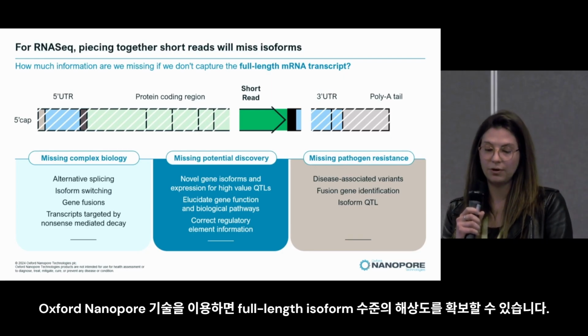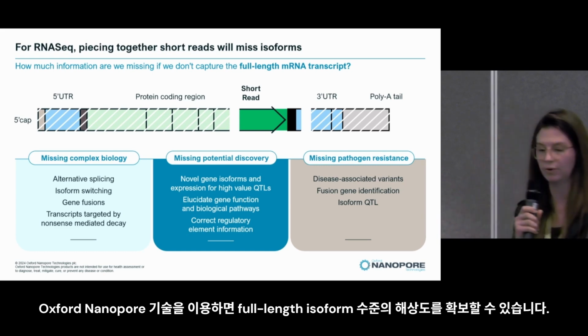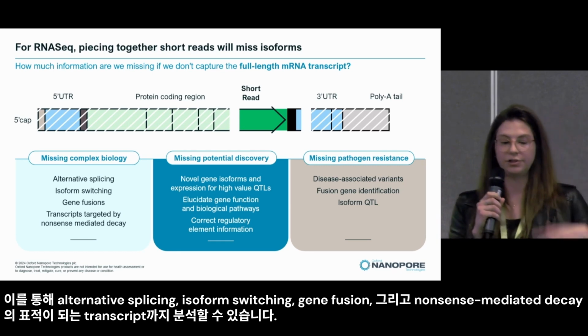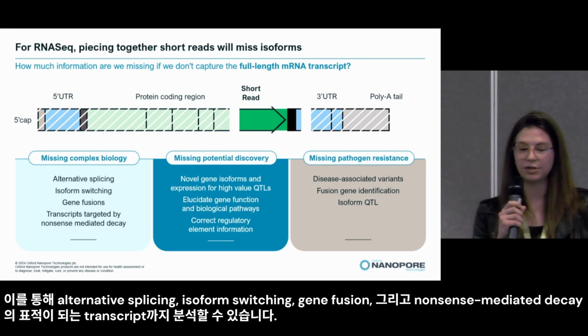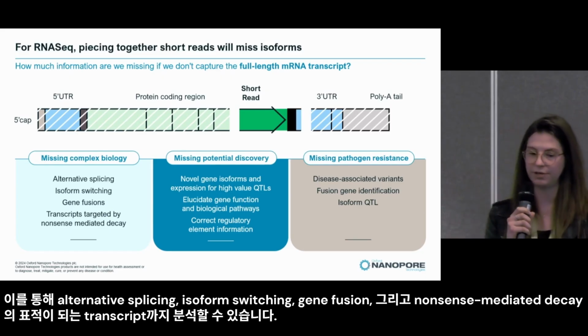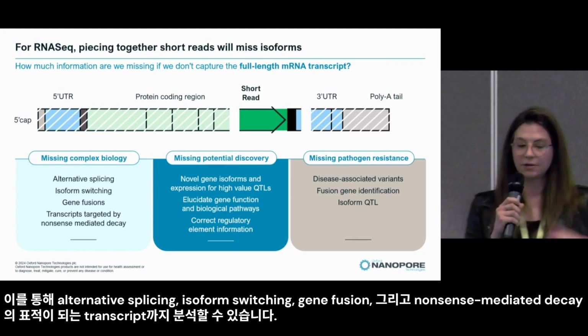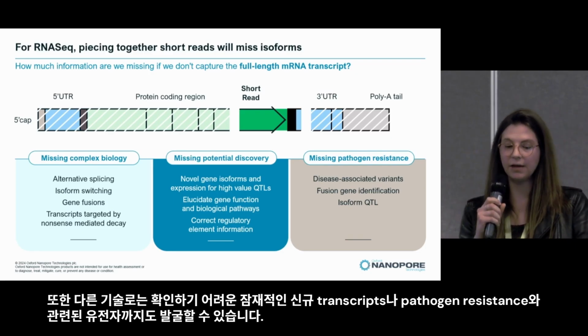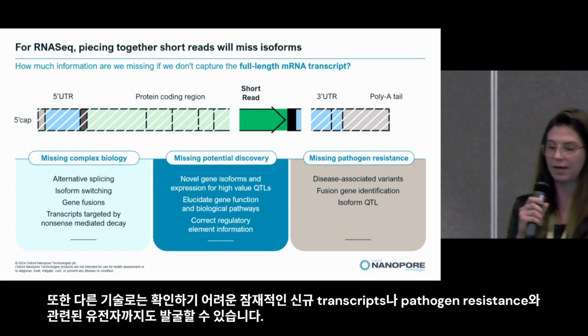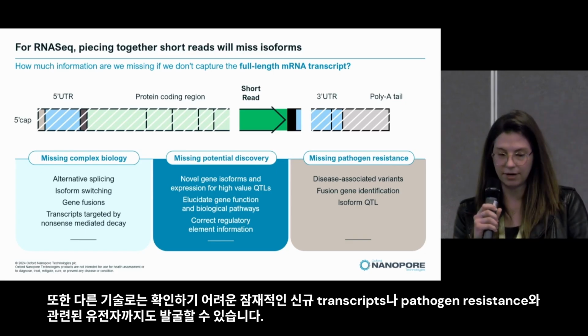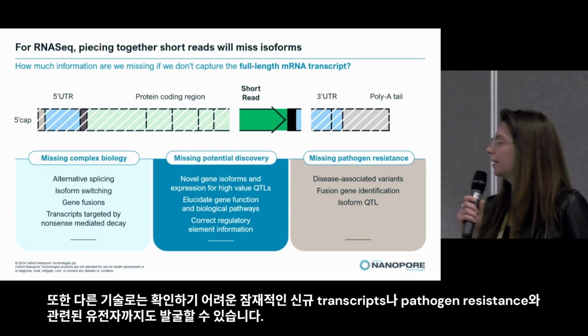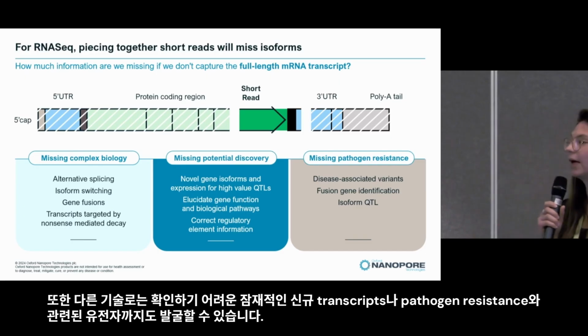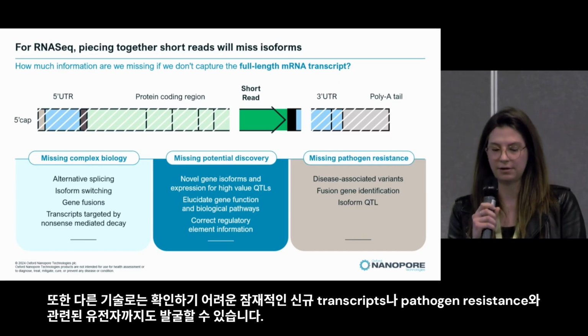With nanopore, you can achieve full-length isoform resolution. You can achieve alternative splicing information, isoform switching information, gene fusions, transcripts targeted by nonsense-mediated decay, and you can perform some missing potential discovery, as well as missing pathogen resistance that aren't achievable with other technology types.